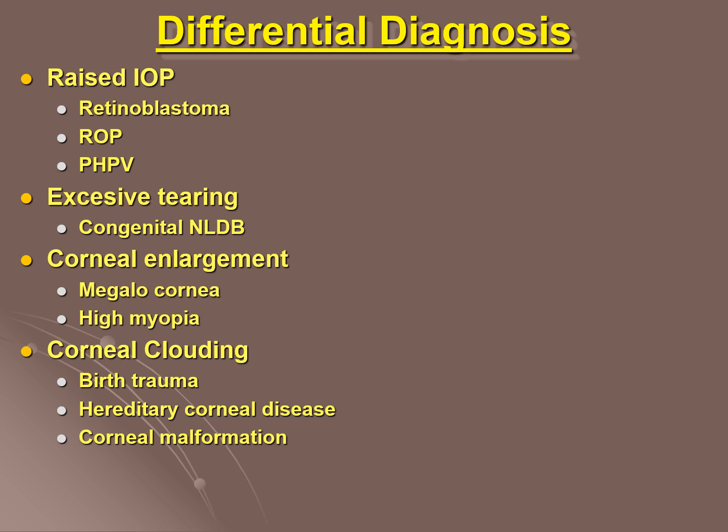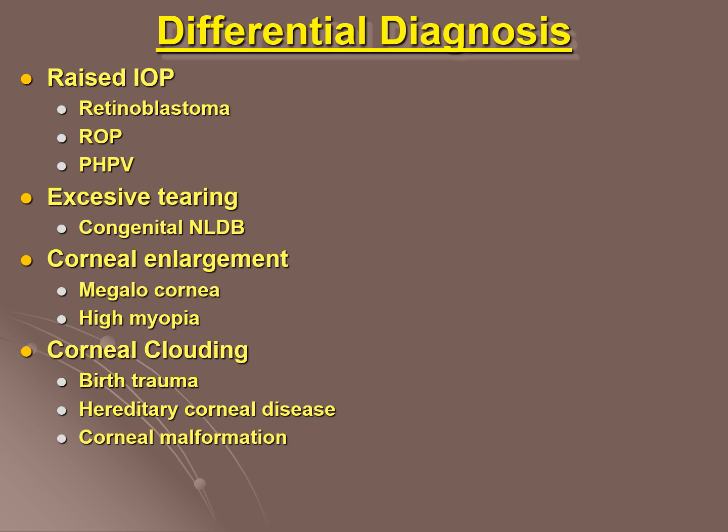So before diagnosing a case of congenital glaucoma, you must consider certain other diseases to rule out, based on the parameters we have mentioned. Raised intraocular pressure may be due to retinoblastoma, retinopathy of prematurity, persistent hyperplastic primary vitreous, and excessive tearing is present in congenital nasolacrimal duct block.